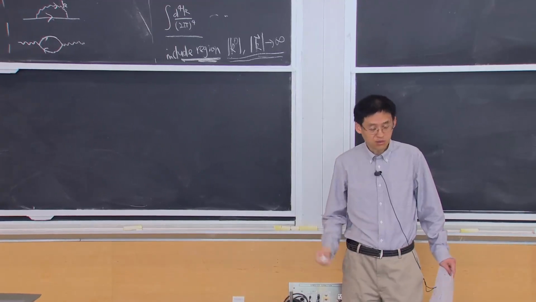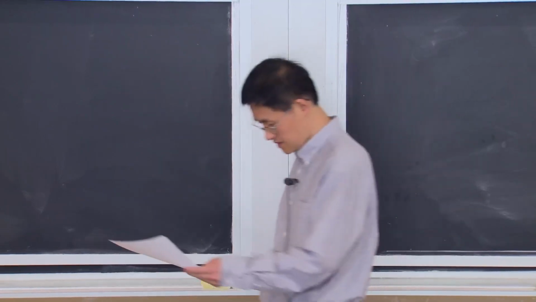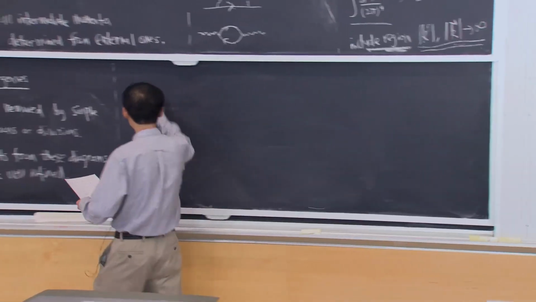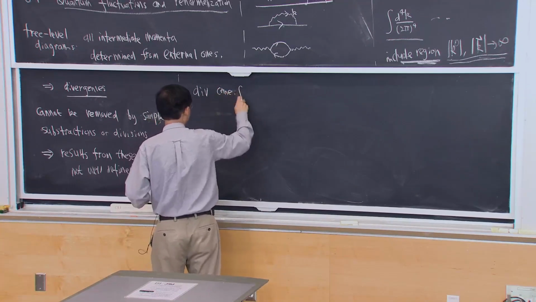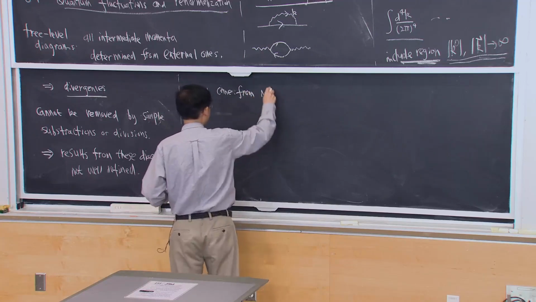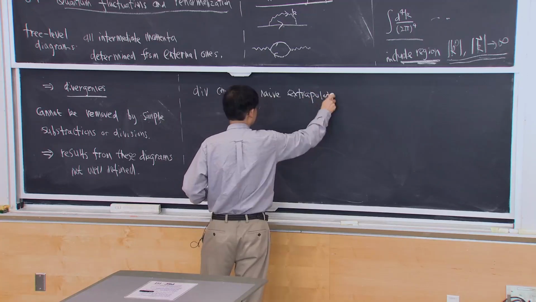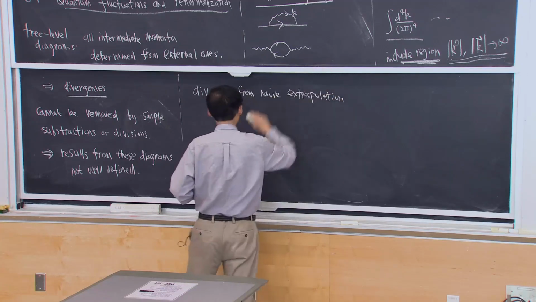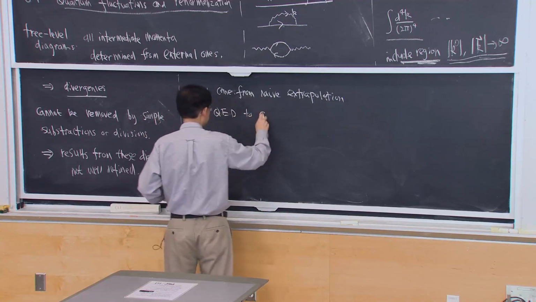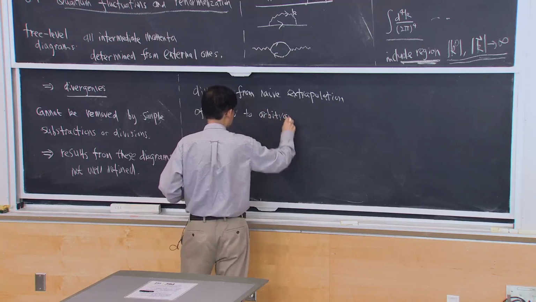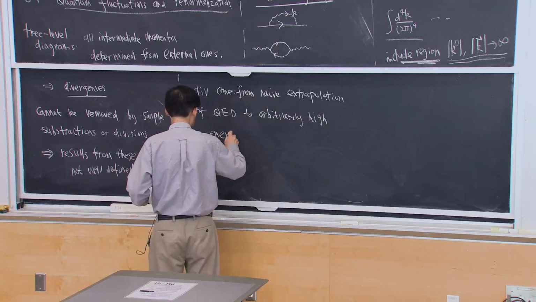So the divergences come from a naive extrapolation of, let's say, QED to arbitrarily high energy scales.